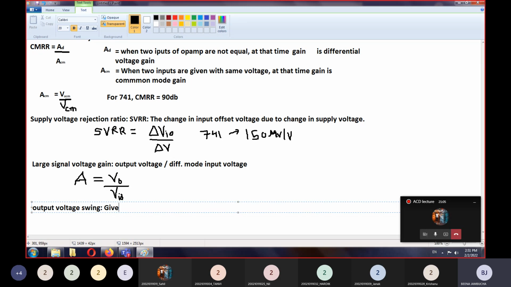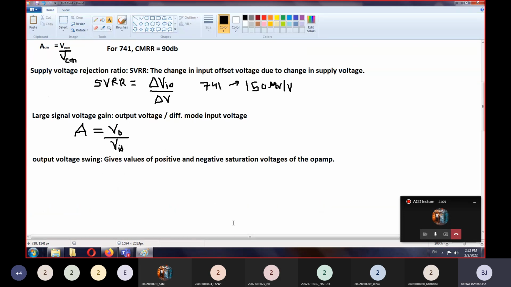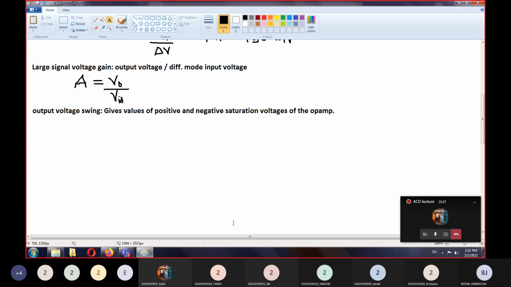So you can write it as: gives values of positive and negative saturation voltages of the op-amp. Right? Now what do you mean by saturation voltages? Do you know what is the saturation voltage? Any idea?